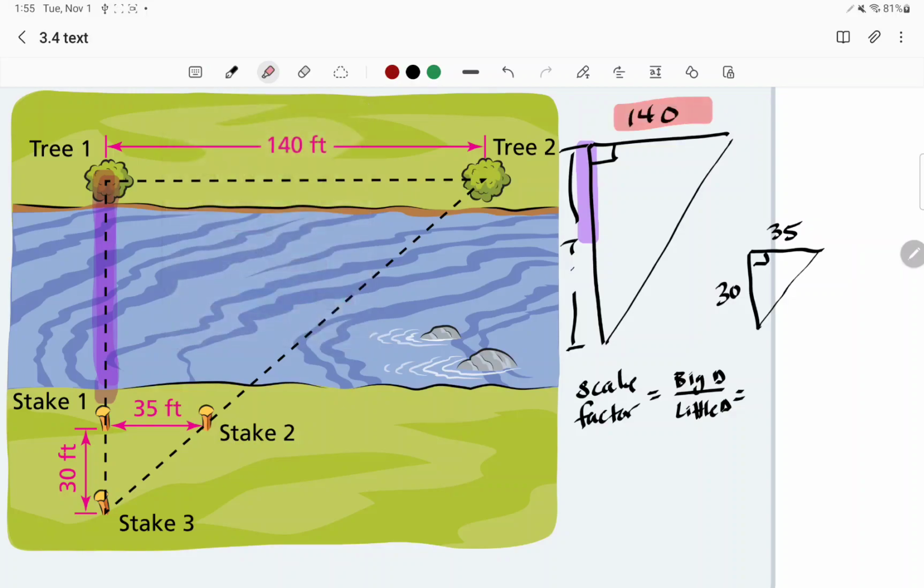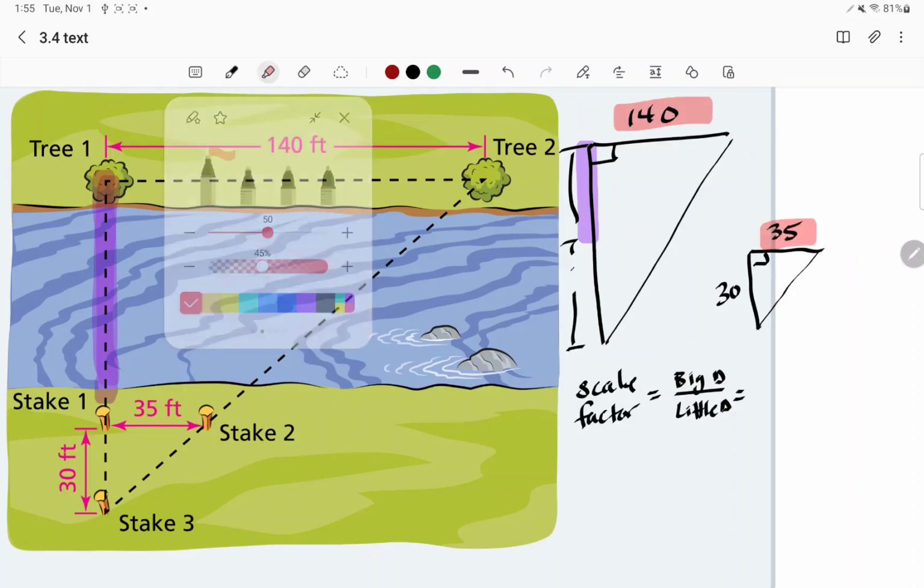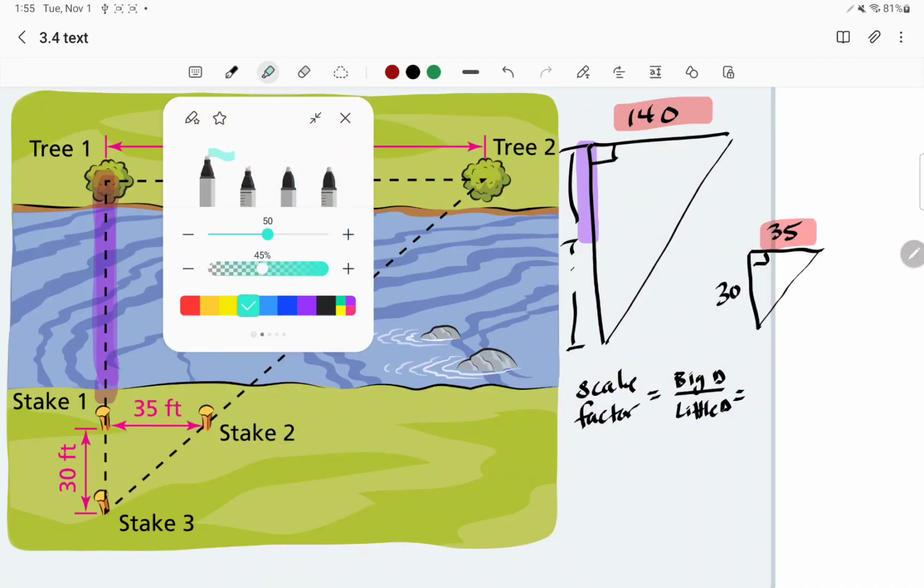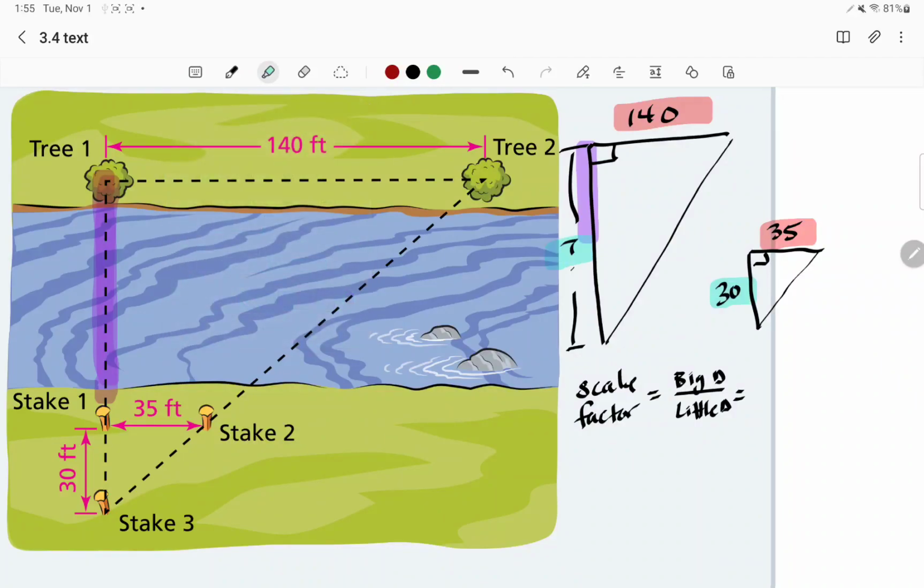My two corresponding sides are here and here, and my other two corresponding sides are here and here. But I know 140 and 35. I know those side lengths, so it makes more sense to use those. So 140 to 35, and if you divide those, you get 4 to 1. And this is your scale factor.